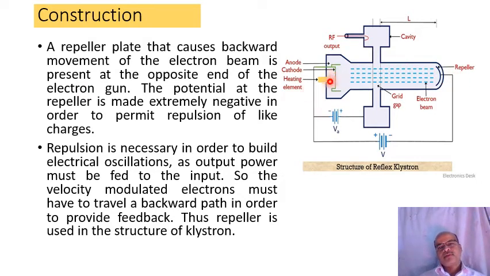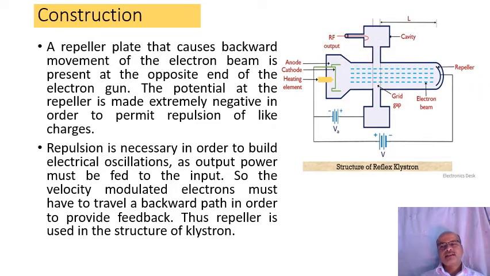The cathode emits the electrons, and the emitted electrons are focused with the help of the anode, and these emitted electrons pass through this gap, and when they pass they go towards this repeller, but again repel back due to the more negative potential provided to the repeller. On the returning journey they form the bunches, and when they come towards this gap they give their energy to the gap and we get the amplified output from this side.